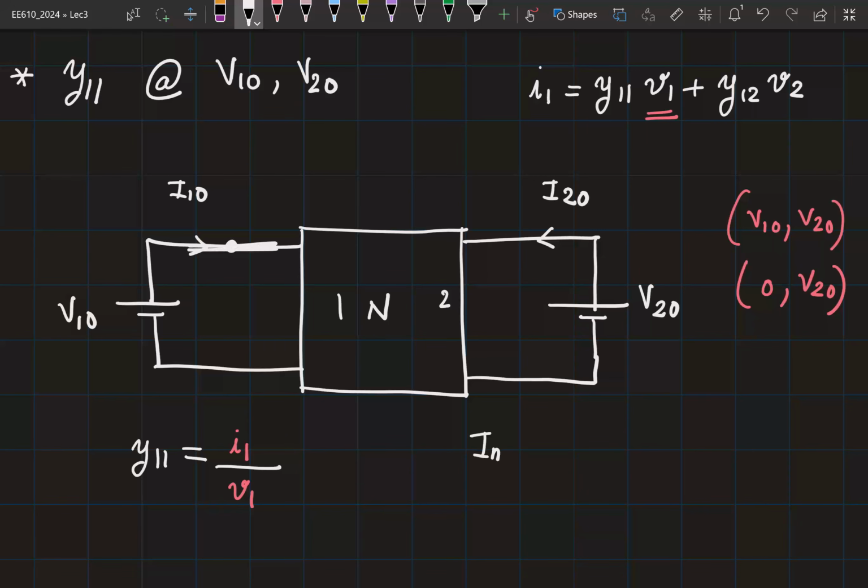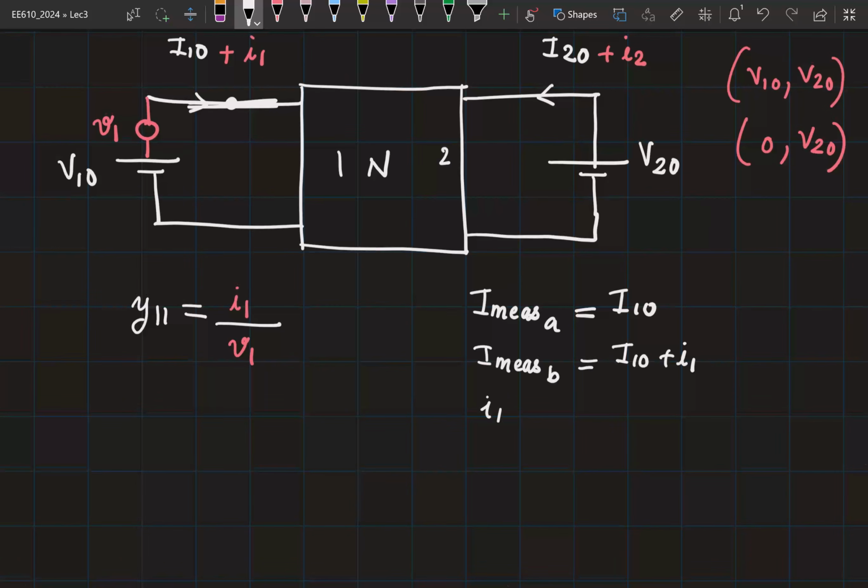Let me call this my measurement A. And we expect this to be I10. Then I connect the incremental voltage source v1. I expect this to change by i1. This changes by i2. Then I take my second measurement, let's say measurement B. This will be equal to I10 plus small i1.